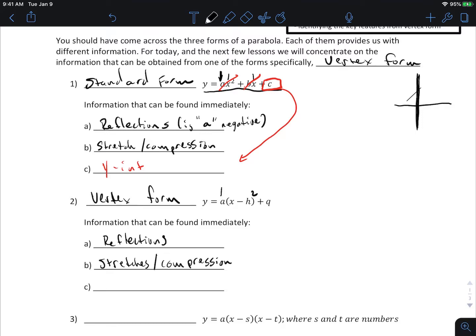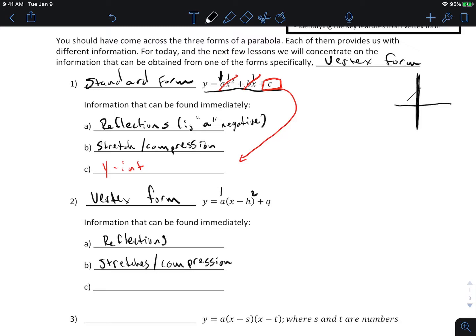Now, probably the most important piece of information from vertex form, and the reason why we write it in vertex form, is so we can see transformations that have occurred to the original parabola, but also something else, and it's in the name. If it's called vertex form, we can find information about the vertex of the parabola, like how to plot.